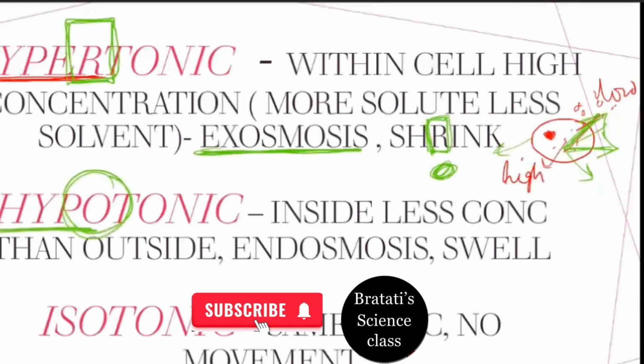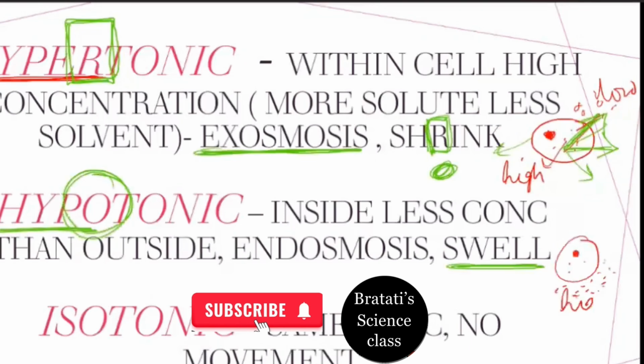Now moving to the next one, which is hypotonic solution. There is a big O, that means it is the swelling of the cell. What happens here? Again, this is the cell and this is the nucleus. Inside the concentration is less, but outside the concentration is more.